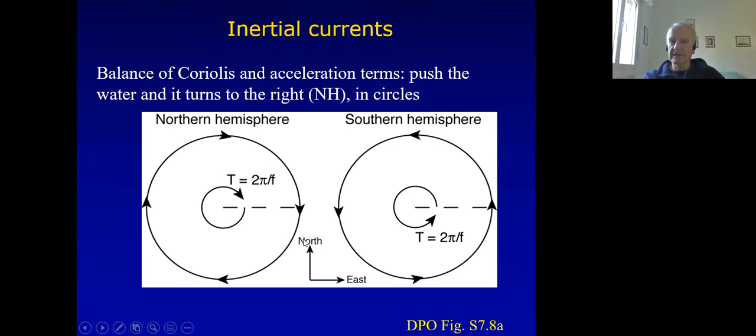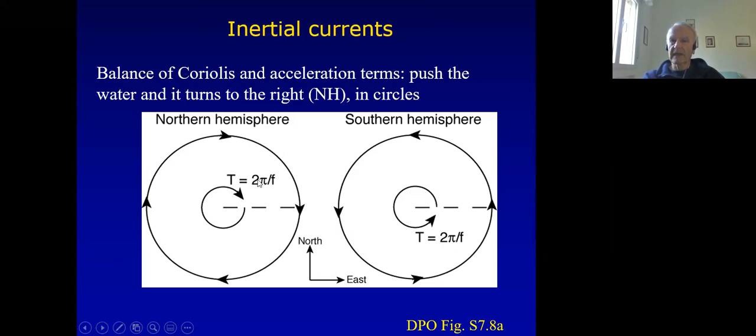So what you can see here is that in the northern hemisphere you have this kind of rotation. Obviously, if you have the average current, you don't have only the inertial currents. In addition, you can have also the mean motion. The mean motion means that the drifters are rotating in 2 pi over f, where f is the Coriolis frequency.